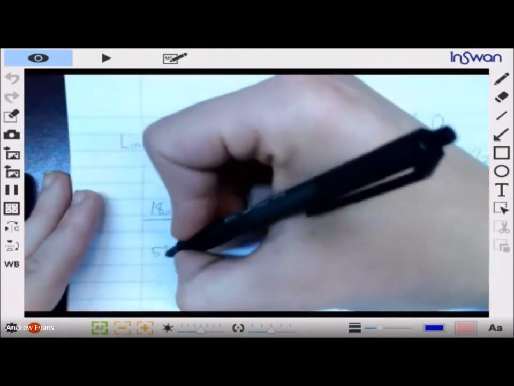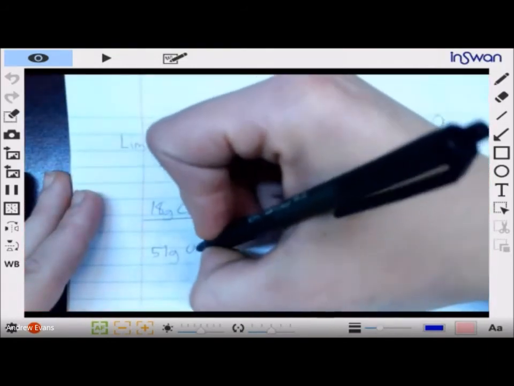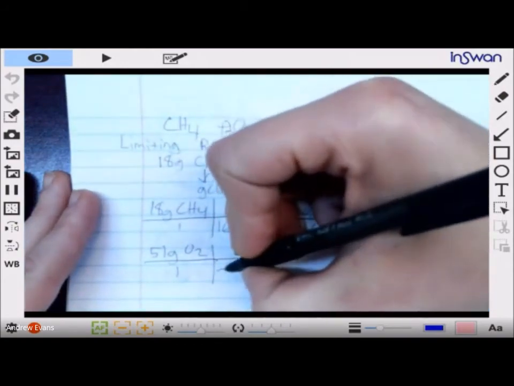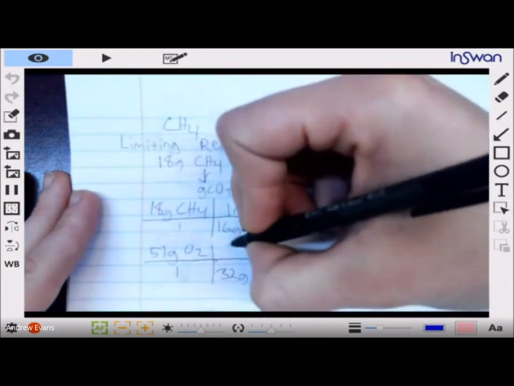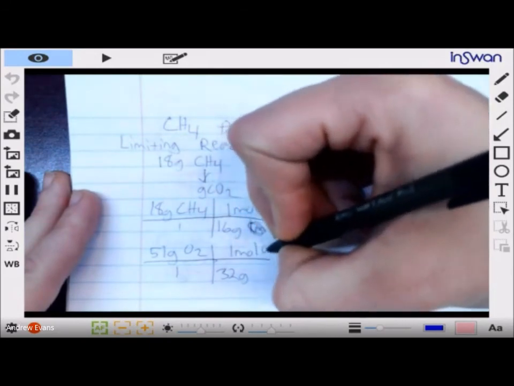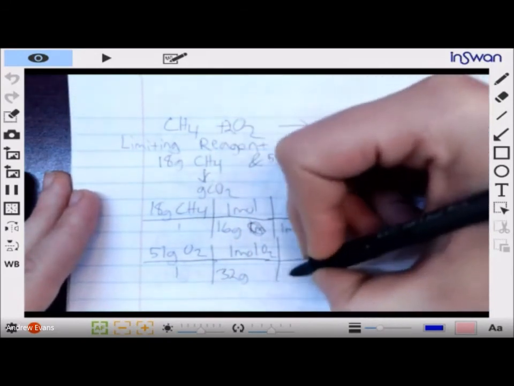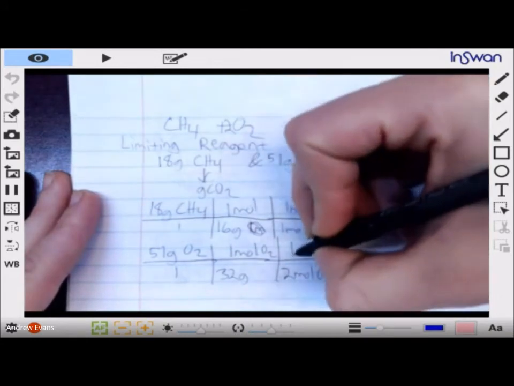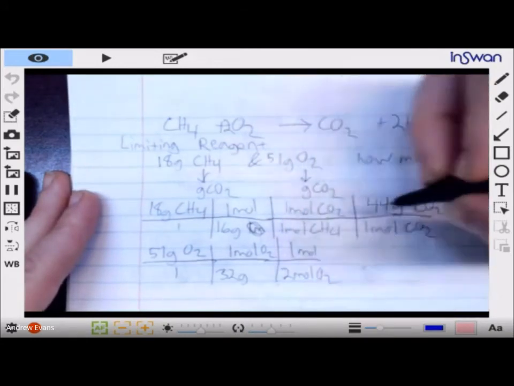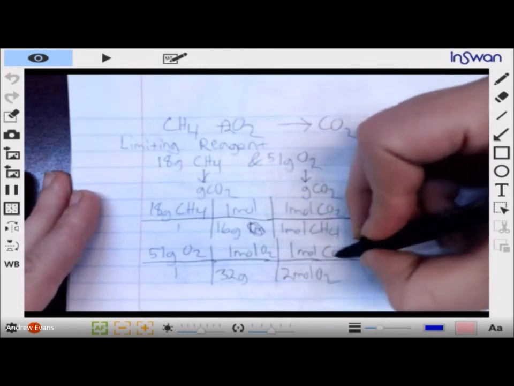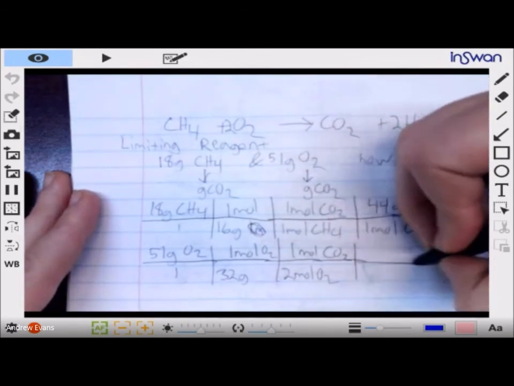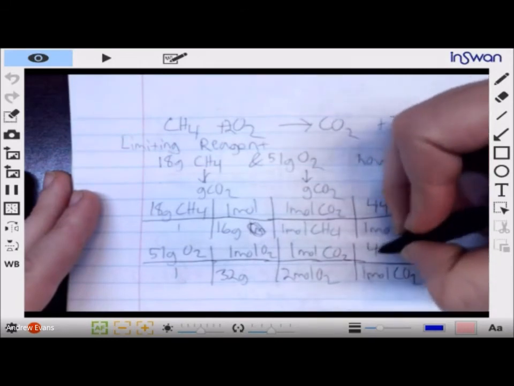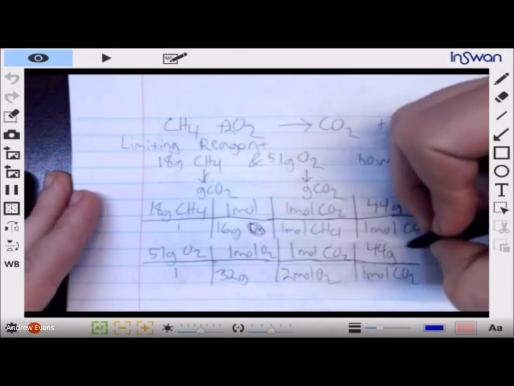Setting up for oxygen: 51 grams of oxygen, 32 grams per 1 mole. And there are 2 moles of oxygen for every 1 mole of CO2, and 44 grams CO2 per mole.